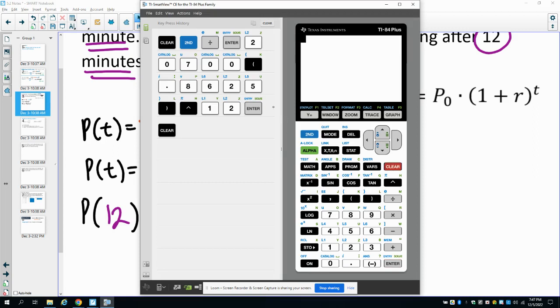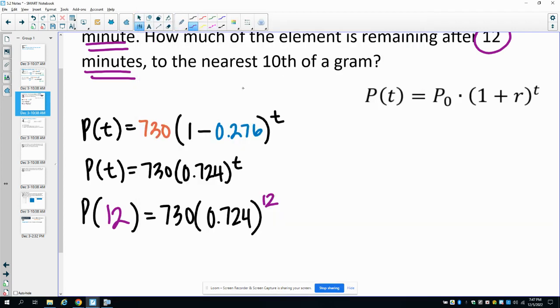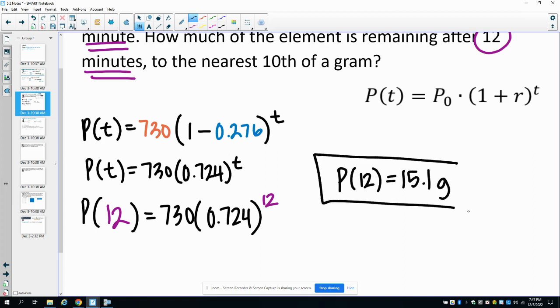So we had 730 times 0.724 to the 12th power. We get 15.14208, and this one wanted the nearest tenth of a gram. So P of 12 is going to equal 15.1 grams. After 12 minutes, there's 15.1 grams left.